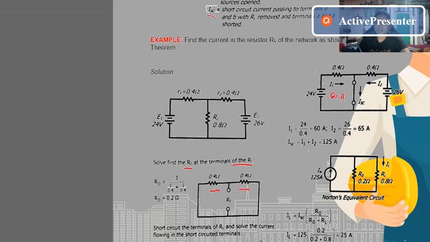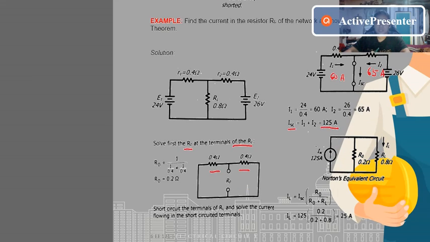And for our I2, kaning 26 divided 0.4, we have 65 amperes. So our ISC, so total current entering, is equal to current leaving. So I1 plus I2 is equal to 125 amperes. So na-solve na nato ang ato ang short circuit current.